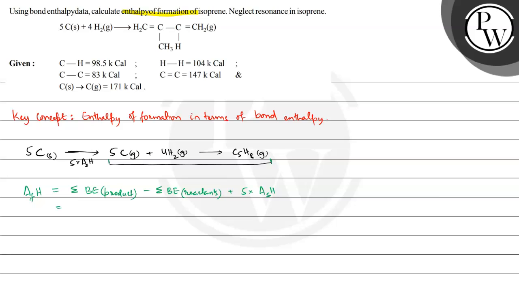So product में क्या क्या है, this is 8 multiplied by bond enthalpy of CH bond plus 2 carbon-carbon single bonds हैं, so 2 multiplied by bond enthalpy of carbon single bond carbon plus 2 carbon-carbon double bonds हैं, so 2 multiplied by bond enthalpy of carbon double bond carbon minus bond enthalpy of reactants. तो यहाँ पर सिर्फ एक ही टाइप का बॉन्ड है, that is hydrogen and hydrogen, so 4 multiplied by bond enthalpy of H bond H, and then we have plus 5 multiplied by enthalpy of vaporization of carbon or enthalpy of atomization, that is 171. So 5 multiplied by delta S H.